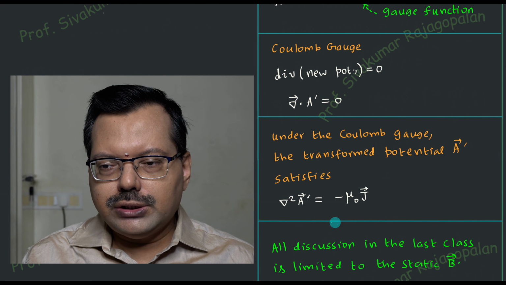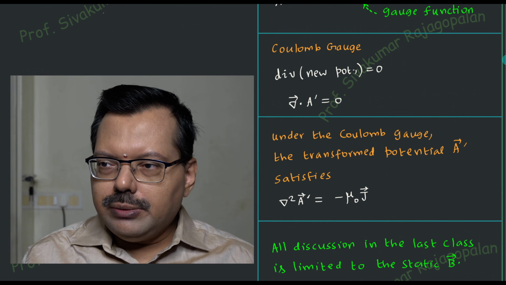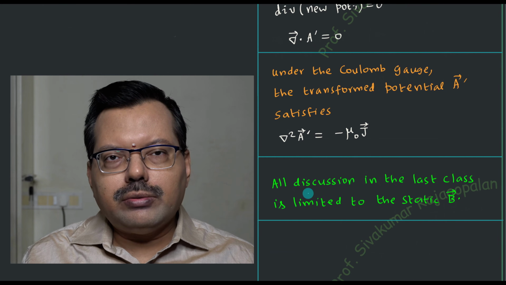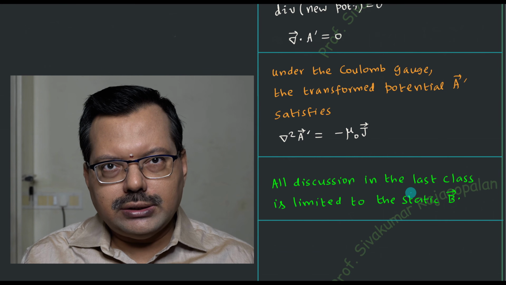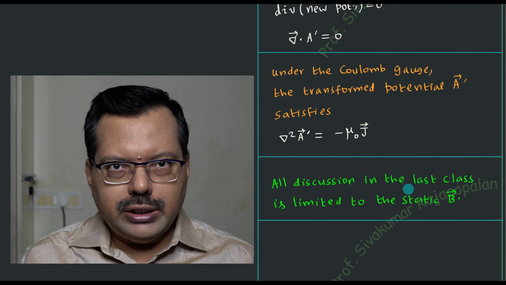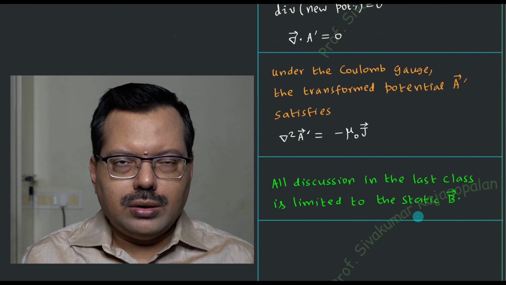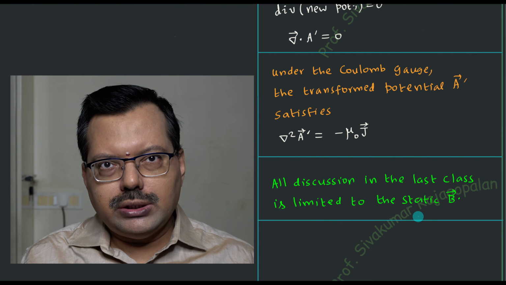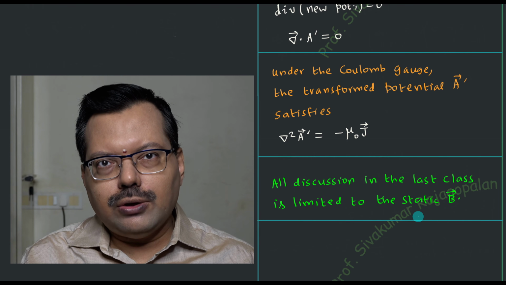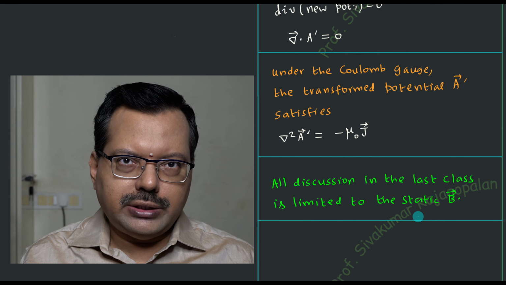Whatever discussion we have done in the last class, namely the so-called gauge transformation, is limited to the static magnetic field. So naturally the question is, what happens if you allow for the time variation of electric and magnetic fields?